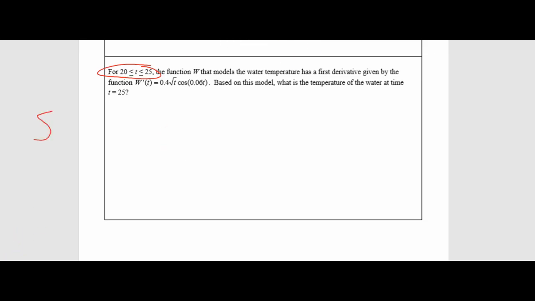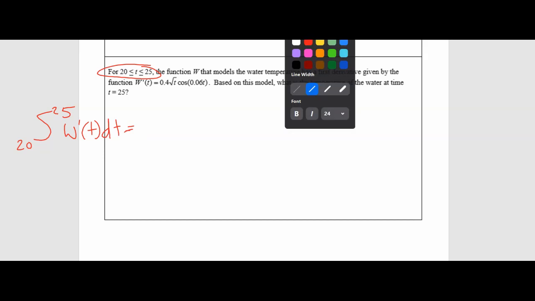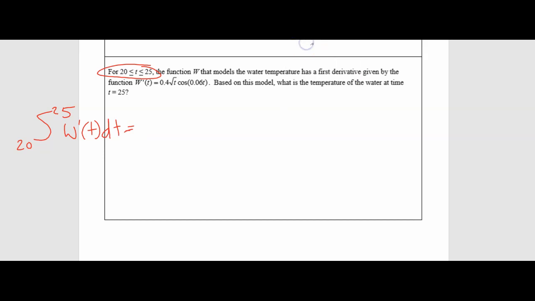It's going to have the integral from 20 to 25 of w prime of t dt. And thinking about FTC, that's going to be equal to w of 25 minus w of 20.